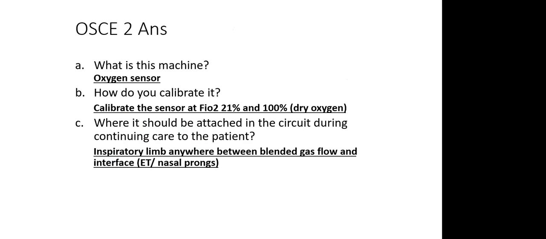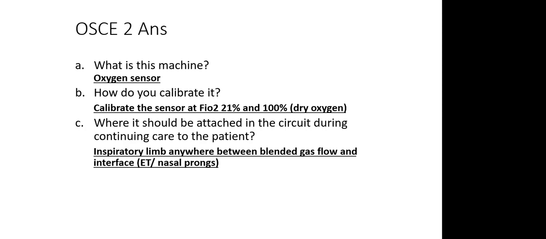You keep the FiO2 at 21% and also 100% and see whether it is showing accordingly. Where should it be attached in the circuit during continuing care of the patient? It should be in the inspiratory limb, anywhere between the blended gas flow and the interface. So it can be near the ET or nasal prongs, wherever it is.